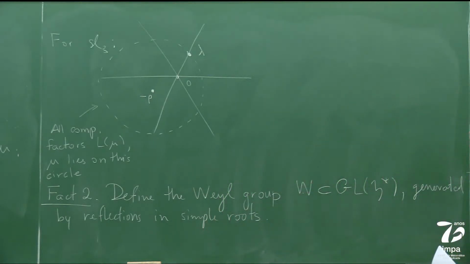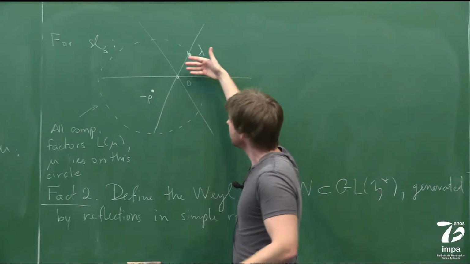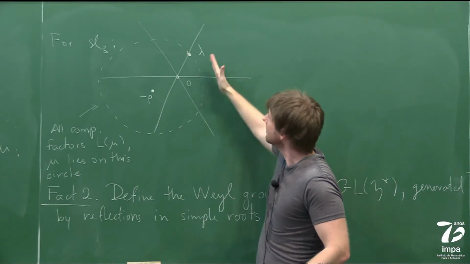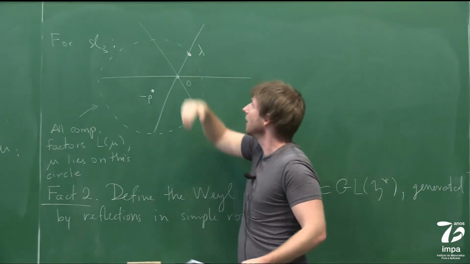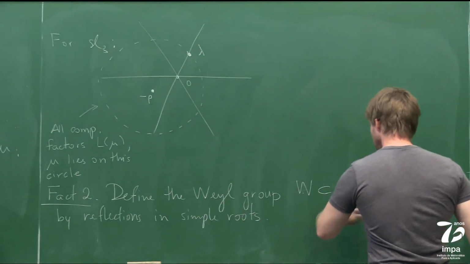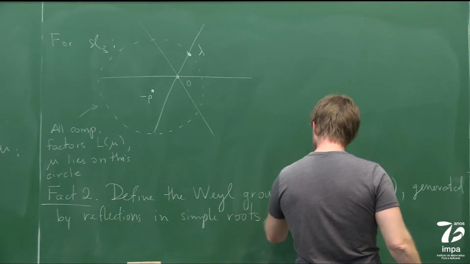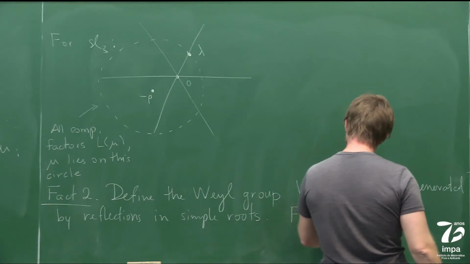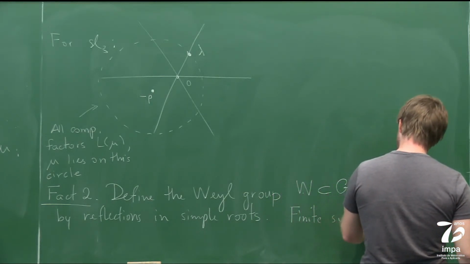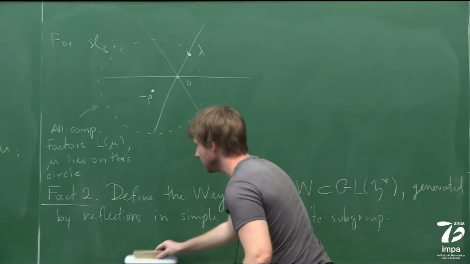In this case, we have two simple roots, alpha 1 and alpha 2. And so the Weyl group is generated by reflection in this line and reflection in this line. So some finite subgroup.